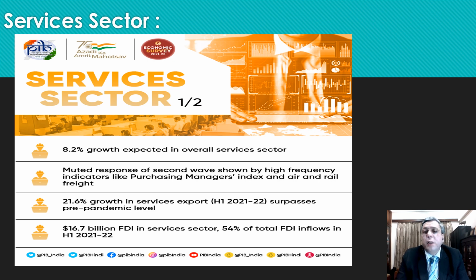This is helping the country a lot. $16.7 billion FDI in the services sector, 54% of total FDI flows. So a huge amount of the FDI that's coming into the country is also coming to the services sector. That's a good thing.